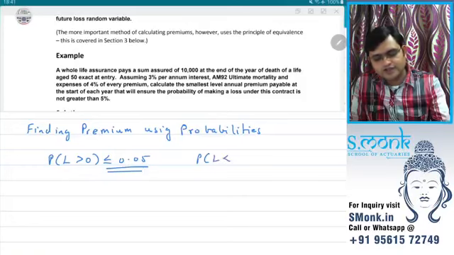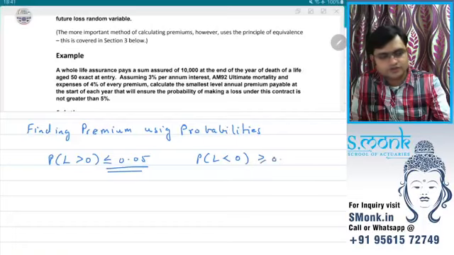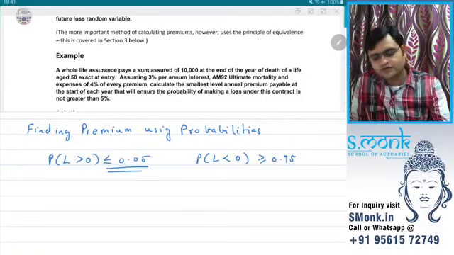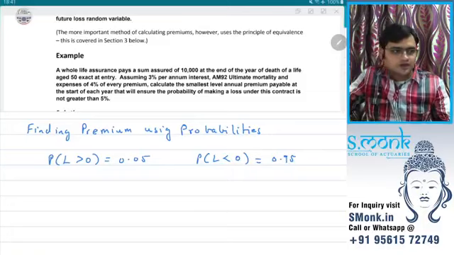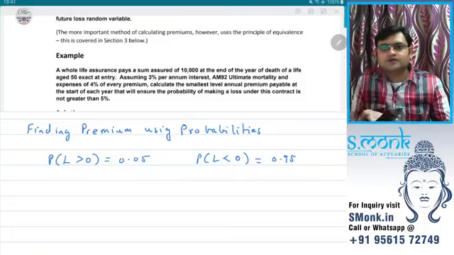In that case we'll say probability of loss less than 0 is greater or equal to 0.95. However you want to write it, we will be taking equal to values and then talking about logically what would happen.